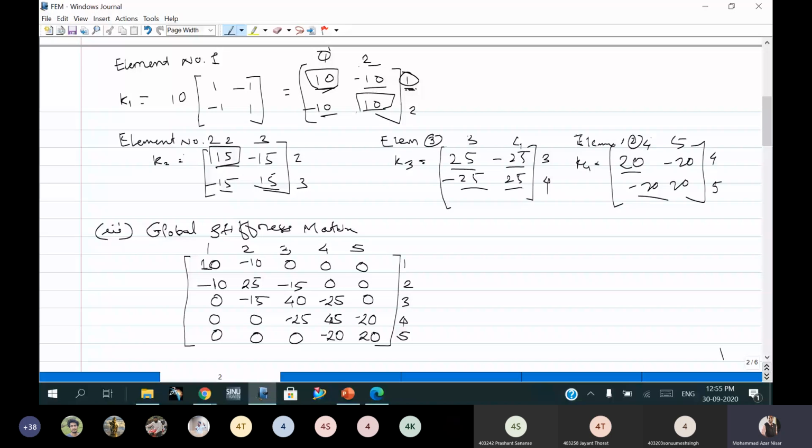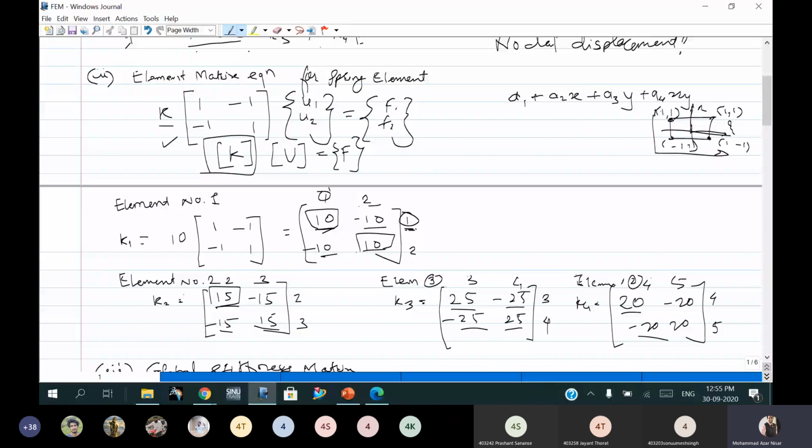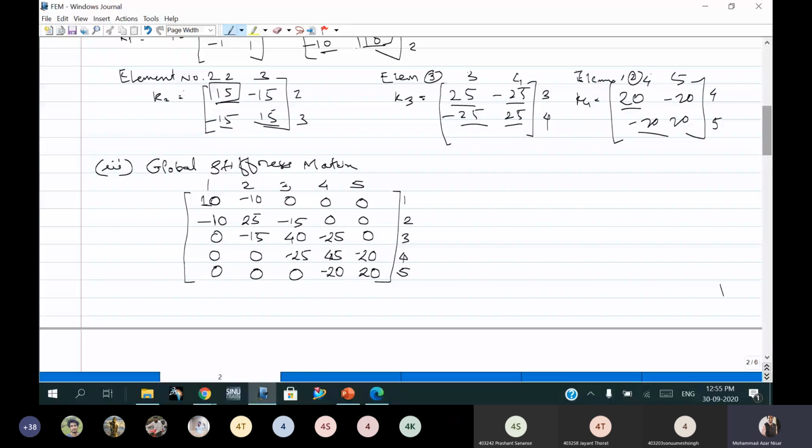Now you can see that in this equation, the addition of every row and column is 0. If we add this entire row, 10 minus 10, 0. If I add this entire column, it will be 0. The second one is also the same, 0. All the answers will be equal to 0.